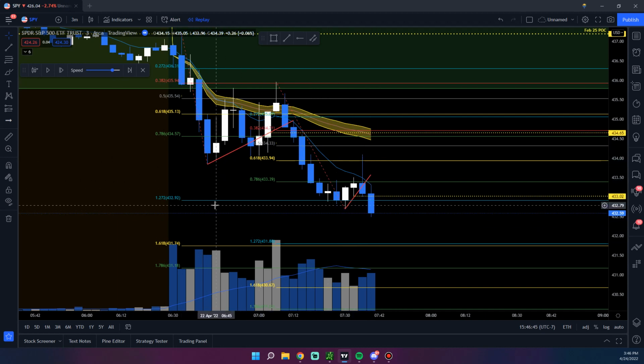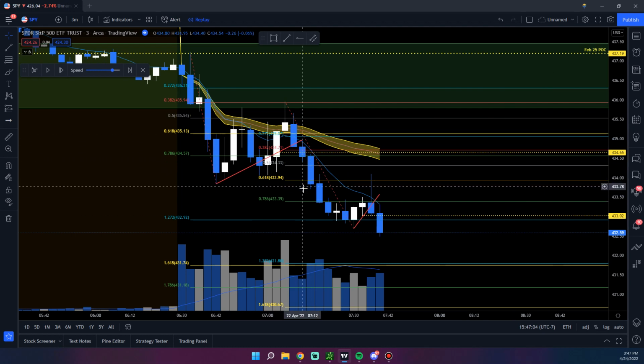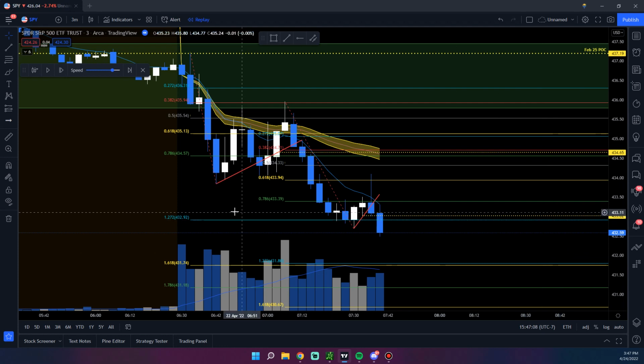So it's good to notice that right here at the 1.272 level, we're forming a new bear flag. As an option day trader, on the break of this one here, you're probably wanting to grab like 432 puts and play those down. By the 1.272, you've made good money.